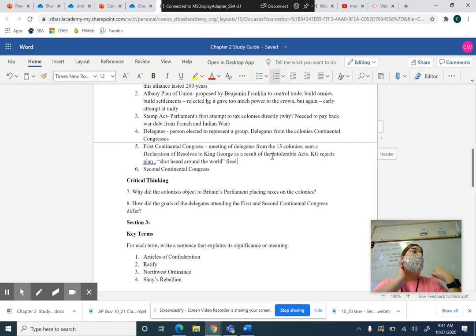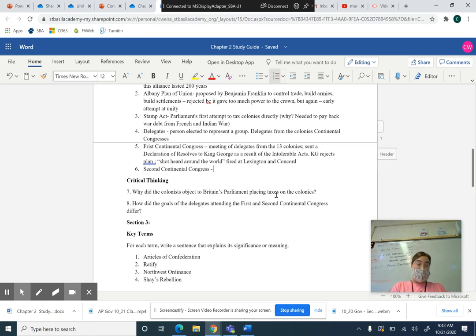This is a situation where the colonies are armed too, though. It's an armed conflict. The shot heard around the world was fired at Lexington and Concord. And then they said, all right, this means war. They didn't get what they wanted out of the First Continental Congress because King George did not accept their Declaration of Resolves, which is pretty much a big I'm sorry letter, but take away the Intolerable Acts, please. King George did not accept that.